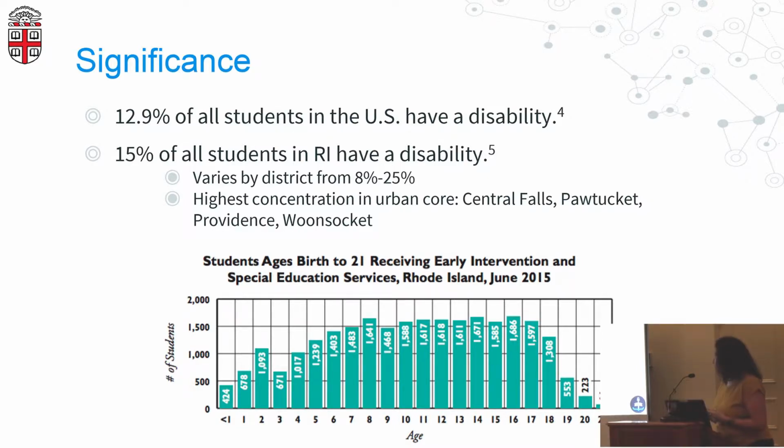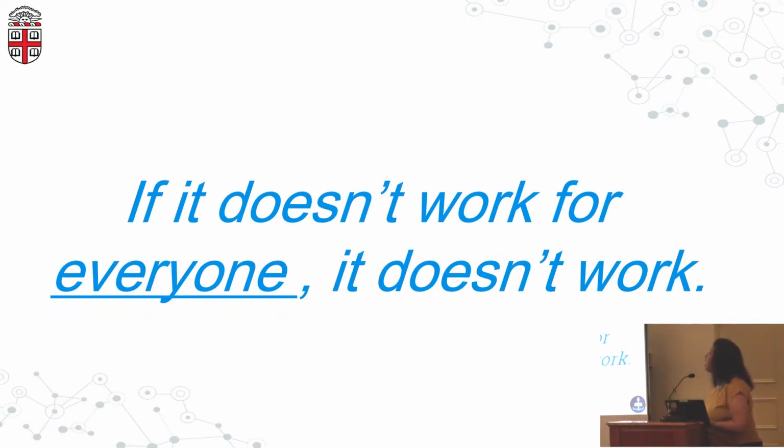And you can see here in this chart, we have number of disabilities by age. So we have over 21,000 students in our schools have disabilities, and a lot of times we forget to do research around how to make sure that our pedagogy and curriculum are inclusive to them.